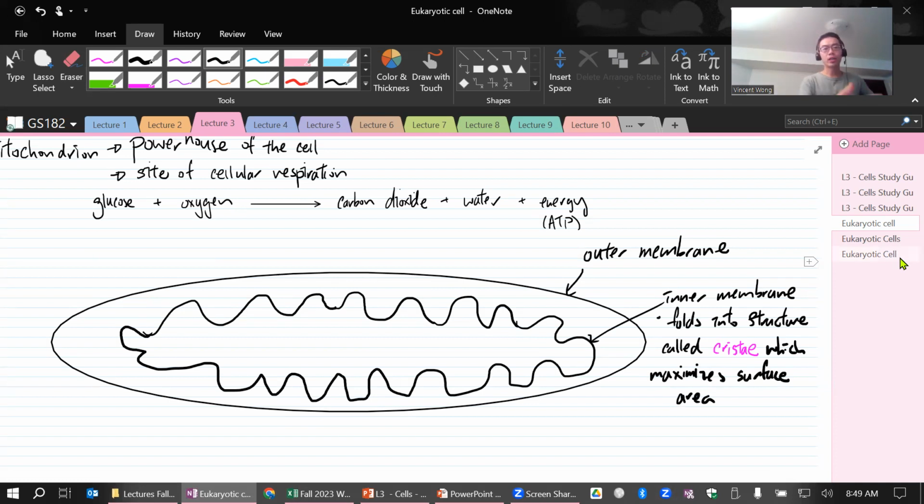We're trying to do the cellular respiration reaction, so the more surface that's available, the more reactions can happen at the same time.